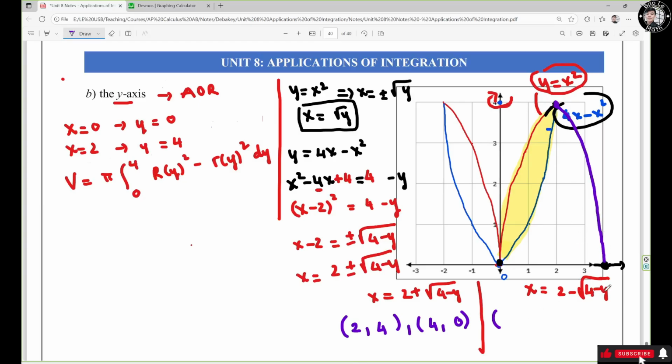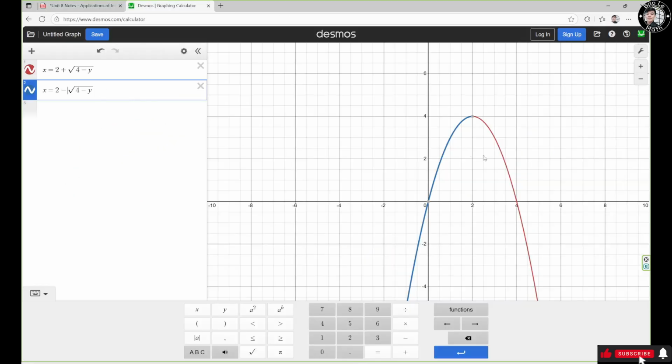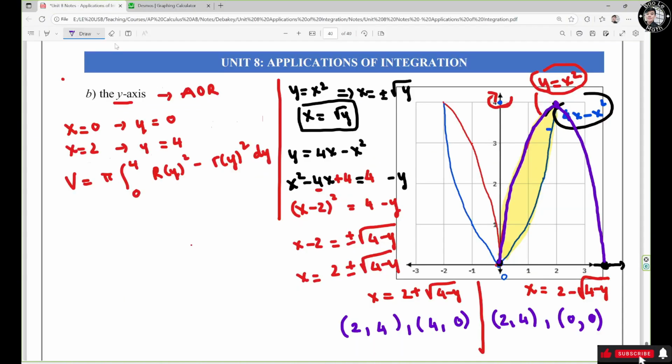Now, y equals 4, s equals 2, and y equals 0, s equals 0, right? So it could be this guy right here. If you grab these two on that mode, you will see it could be something like this, right?